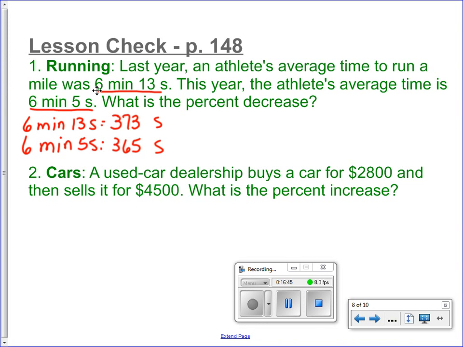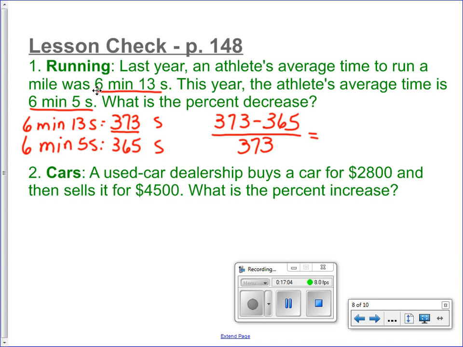So what we do is we find the difference between our seconds, 373 minus 365, and we're going to divide it by the original, which would have been last year. So divide by 373.